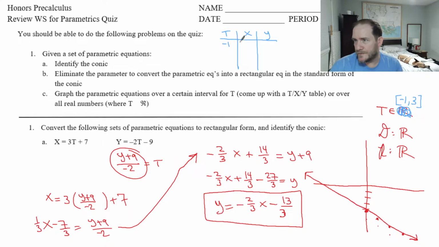Certainly -1 would want to plug in. Plugging -1 in here gives -3 plus 7, which is 4. And plugging -1 here gives +2, take away 9, which is -7. So we get a point at 4, -7.